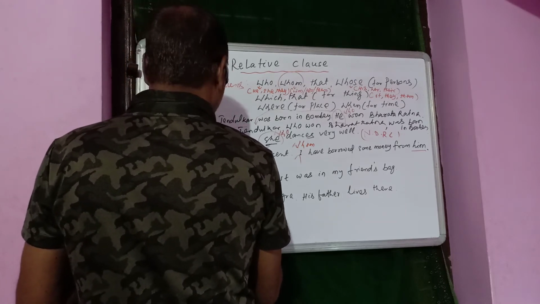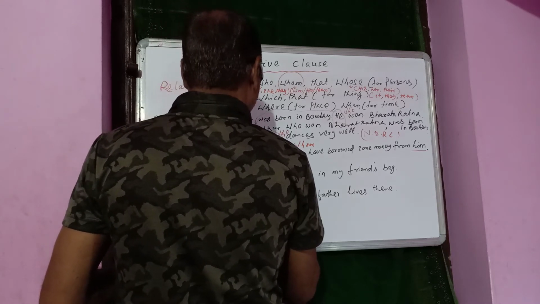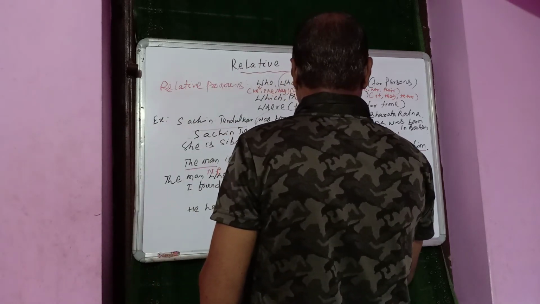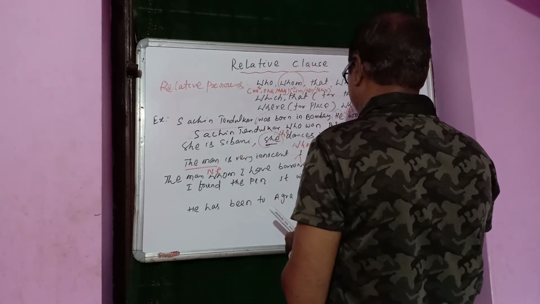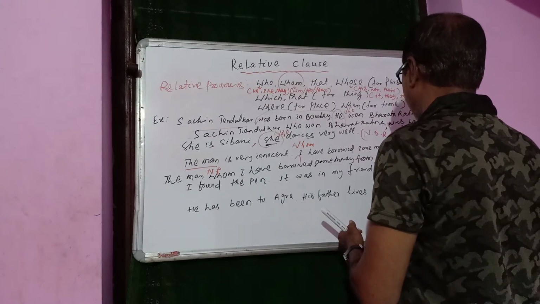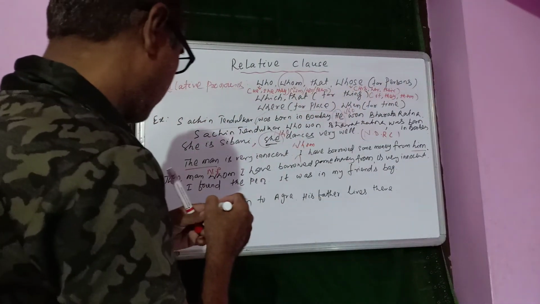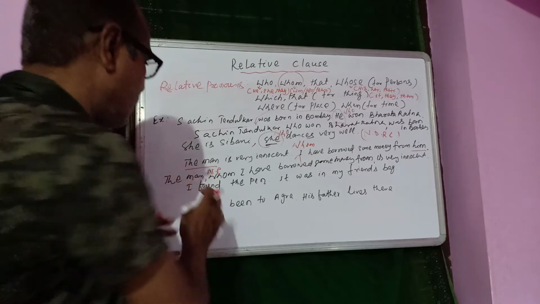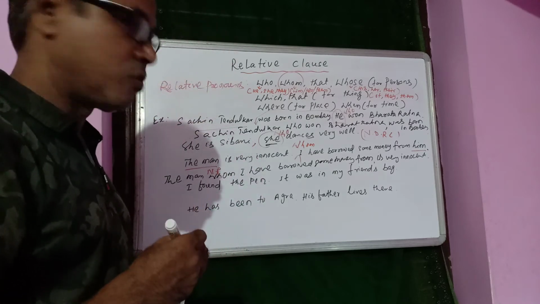The man whom I have borrowed some money from is very innocent. Here you see, this is a defining relative clause.